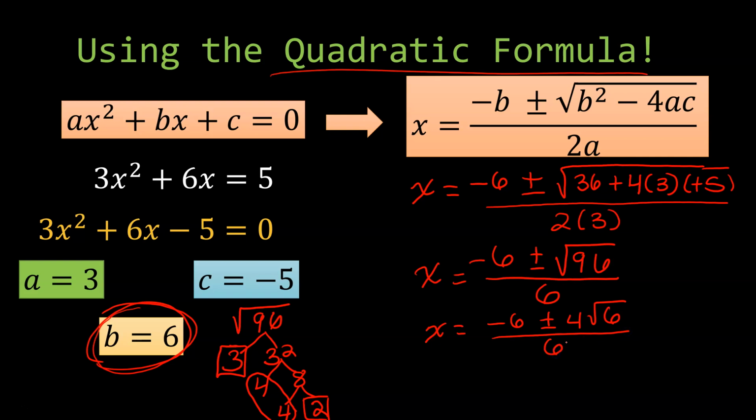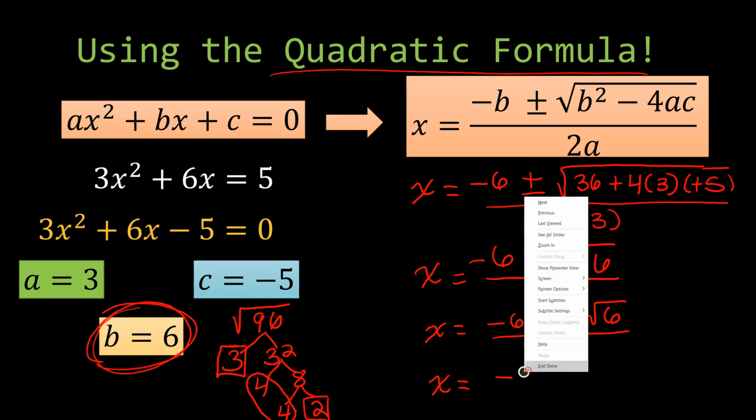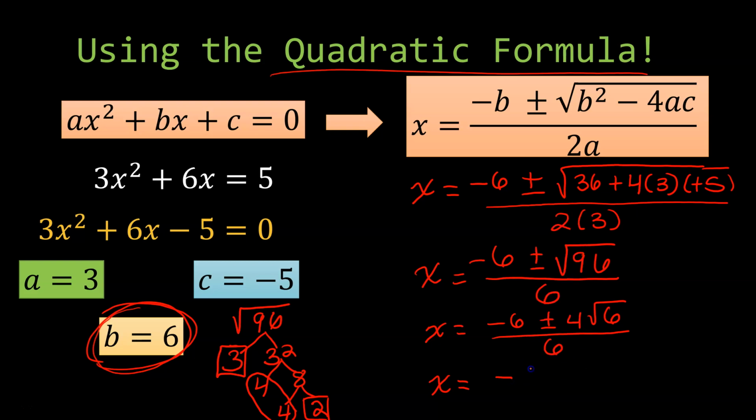And we see now that negative 6, 4, and 6 all have a 2 in common. So we can divide everything by 2, and x is equal to negative 3 plus or minus 2 square root of 6, all over 3.